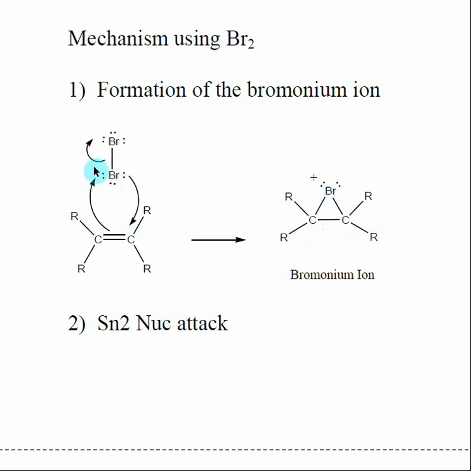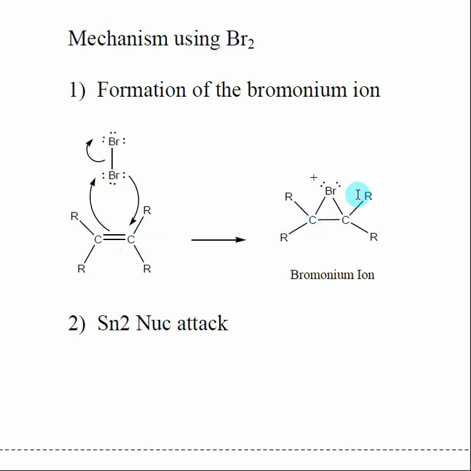In the last part of this mechanism, we break the bromine-bromine bond. These electrons jump onto this bromine. This is going to form Br minus, and we're going to see this again in just a second. Overall, what we've done is we've broken this bromine bond, gotten rid of our pi bond, and formed two bonds between our bromine and our carbons.